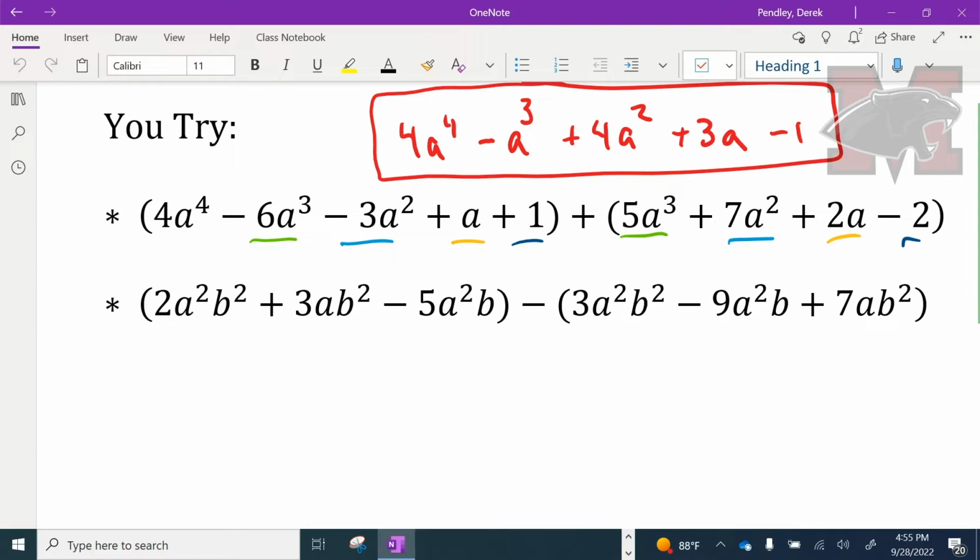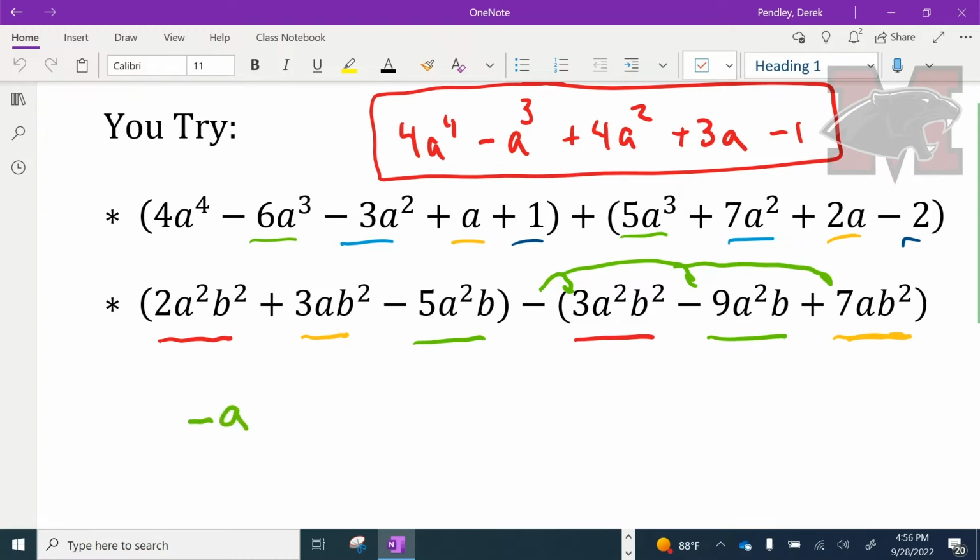Now, when you did the next one, a squared b squared match up. The ab squareds need to match up. Careful, they weren't written in the same order. And then my a squared b need to match up. But remember, I'm distributing a negative here. So I have 2 minus 3 is a negative a squared b squared.